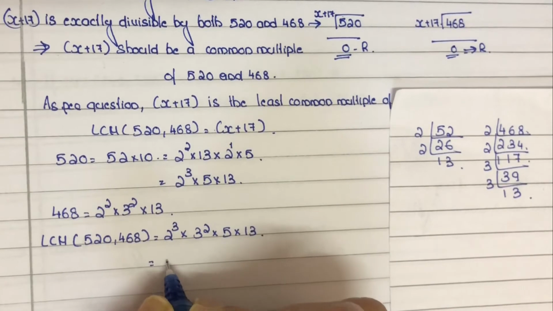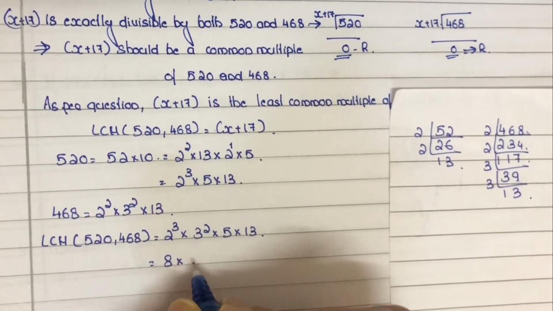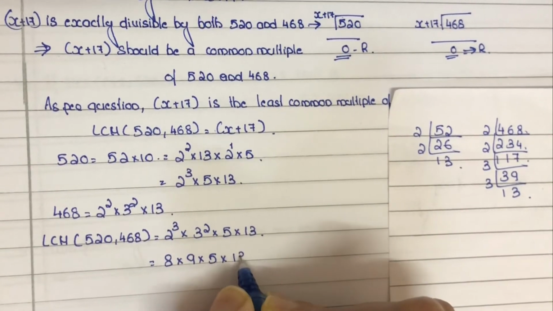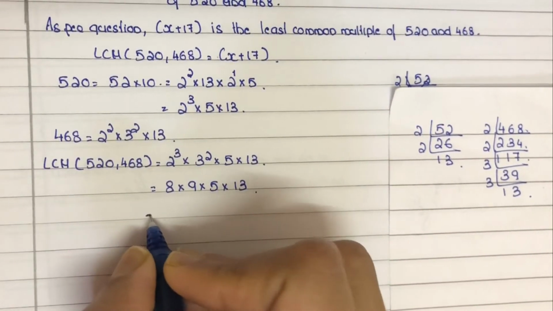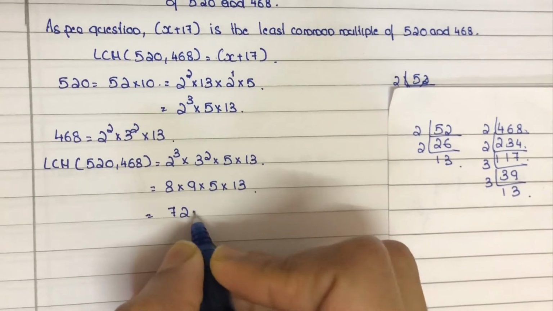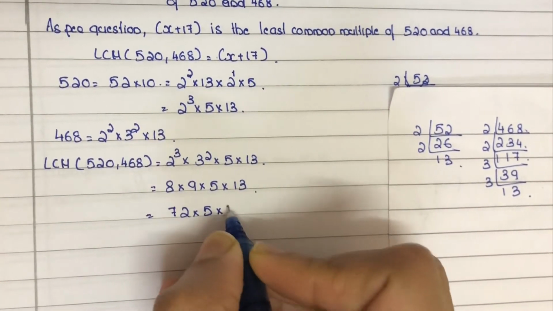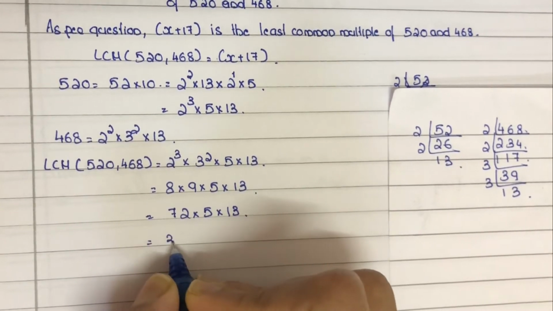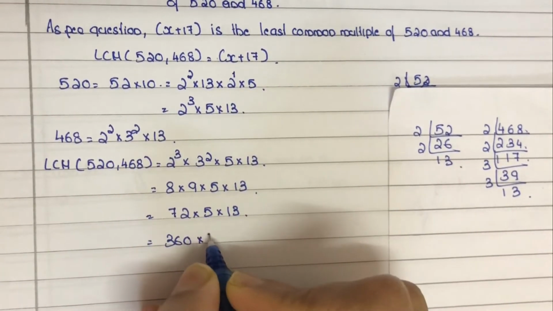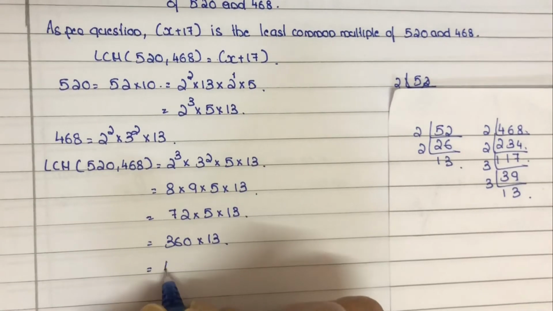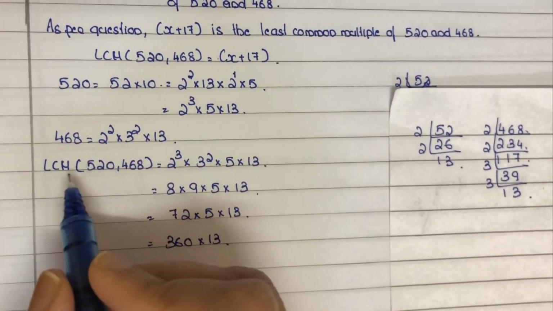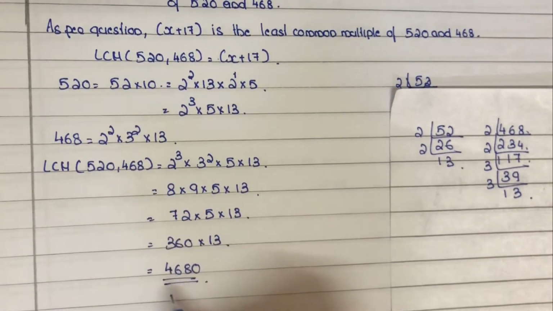Now 2 raised to 3, 8 into 3 raised to 2, 9 into 5 into 13. 8 into 9, 72 into 5, 360 into 13. That is equal to 4680. So LCM of 520, 468 is 4680.